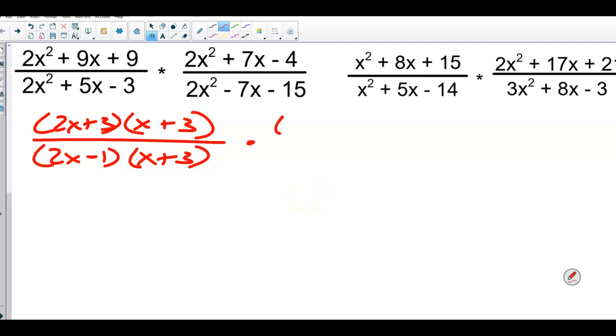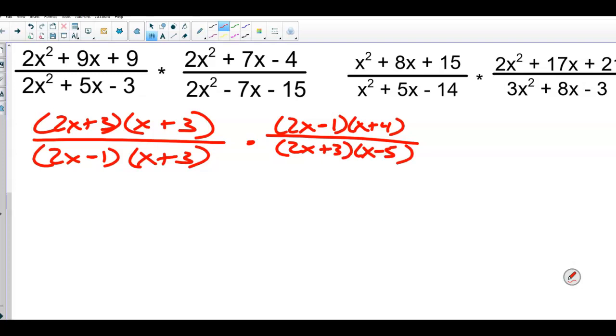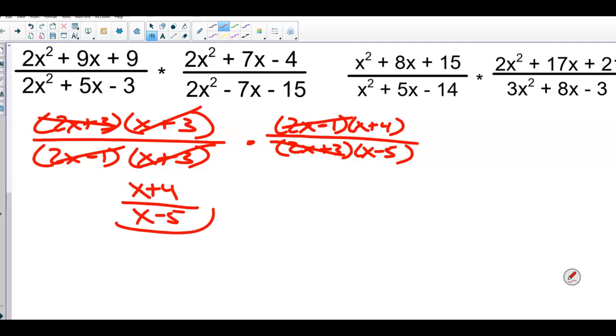And then here we have 2x minus 1, x plus 4 over 2x plus 3, x minus 5 in our factoring. Is that right? Yes, that was. Okay. And now I'm looking vertically. Cancels. Nothing vertically on the right. Diagonally cancels, and we're left with x plus 4 over x minus 5.